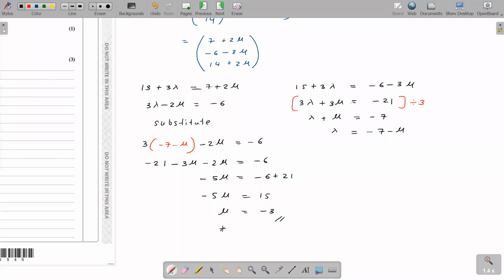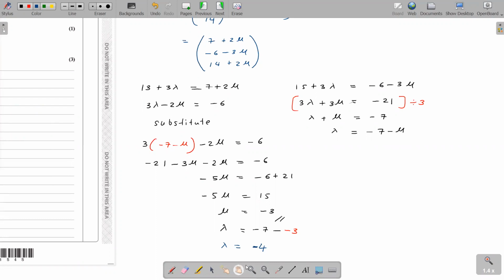Then for lambda, substitute mu equals minus 3 into one of these two equations. I'll use the one where lambda is already the subject: minus 7 minus mu, with mu as minus 3. That gives me lambda equals minus 7 plus 3, which is minus 4. Do you agree? Minus 7 plus 3 is minus 4.